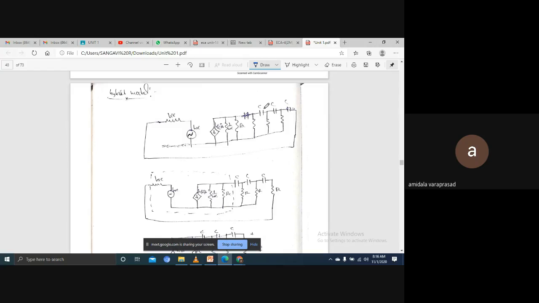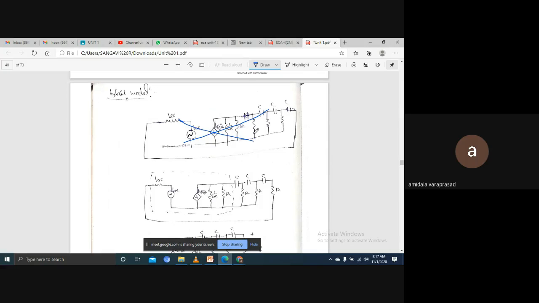Then we have the capacitor and resistor. Where can we take the output now? The RC, right? That's why we need to consider this RC.